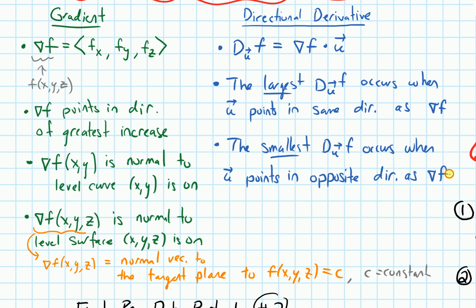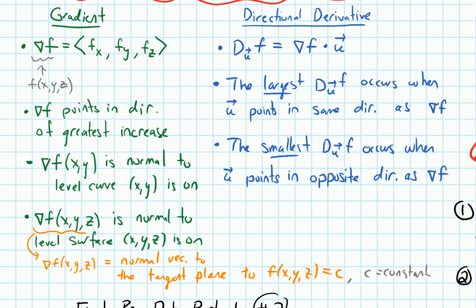Or in other words, it's pointing in the same direction as the negative gradient of f. Okay, so yet another way to say that is, if you want to know what direction is the direction of greatest decrease, it's negative gradient of f, or the opposite of the gradient of f.